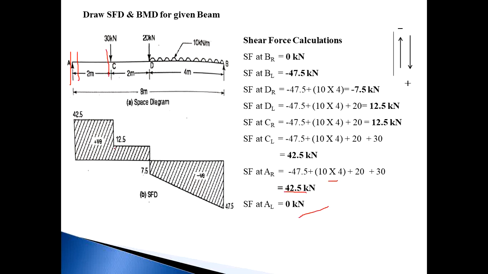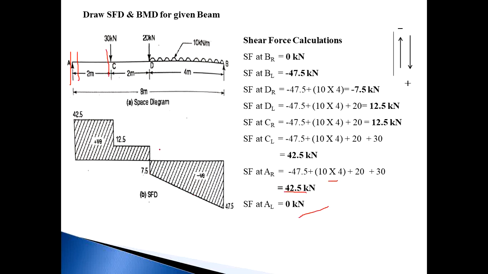So the shear force diagram from C to D is a horizontal straight line. At point D, there is a point load. So the shear force diagram changes vertically. And between D to B, there is a UDL. So from point D to B, the shear force diagram is an inclined straight line.